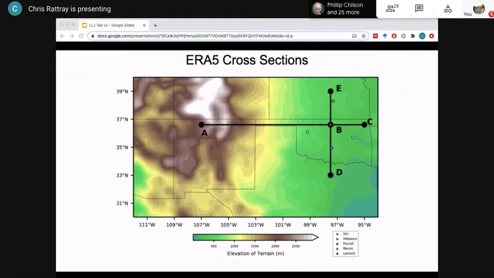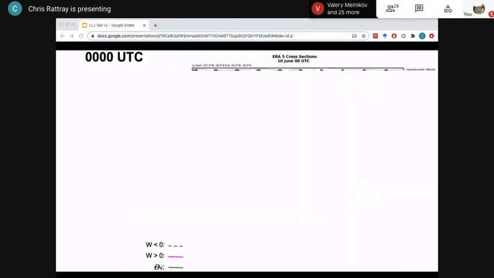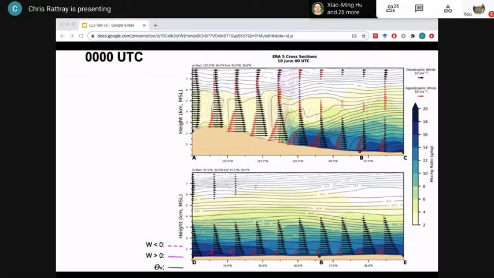So to look at this a little bit further, I'm just going to go through a few cross sections using ERA5 data, and the meridional and zonal cross sections intersect at Lamont. So now here, the black arrows are the geostrophic component of the wind, and the red arrows are the ageostrophic component.